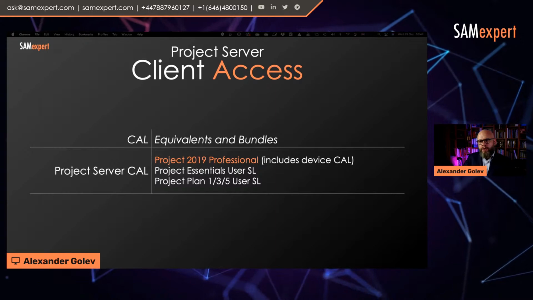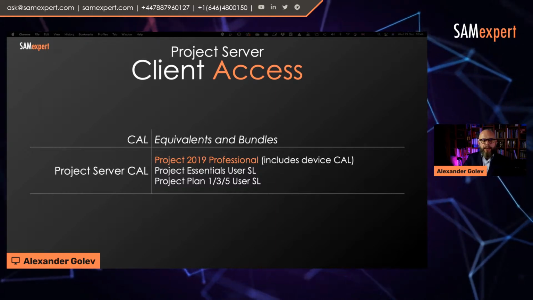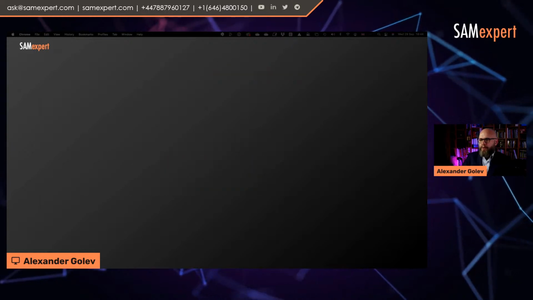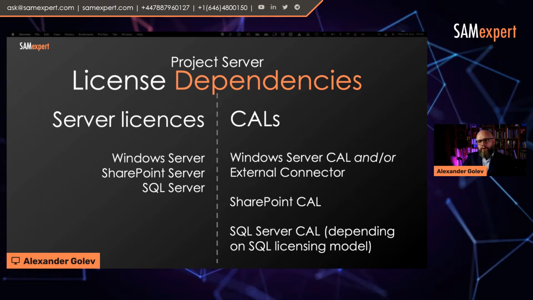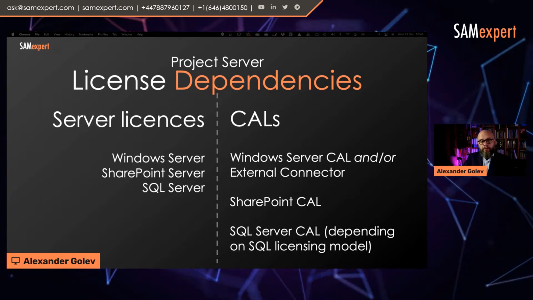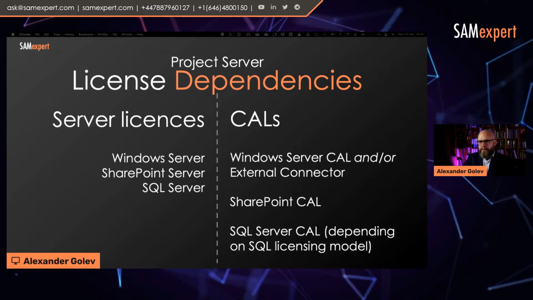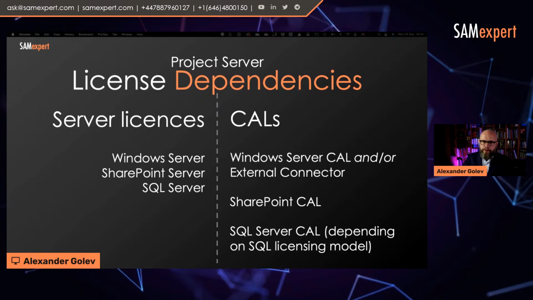They include an equivalent of a user CAL for Project Server. Dependencies, as I said before, in addition to Windows Server and SQL Server, you also require SharePoint Server licenses and necessary CALs as per the rules applying to those products.